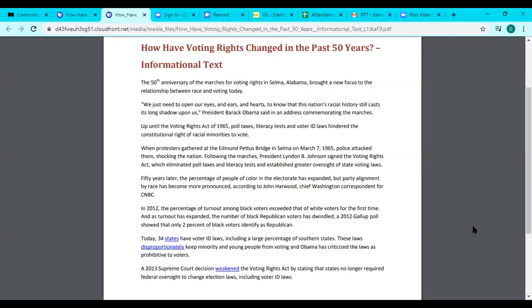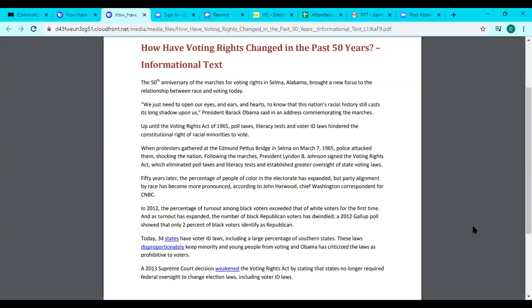According to John Harwood, Chief Washington correspondent for CNBC, in 2012, the percentage of turnout among Black voters exceeded that of white voters for the first time. And as turnout has expanded, the number of Black Republican voters has dwindled. A 2012 Gallup poll showed that only 2% of Black voters identify as Republican.